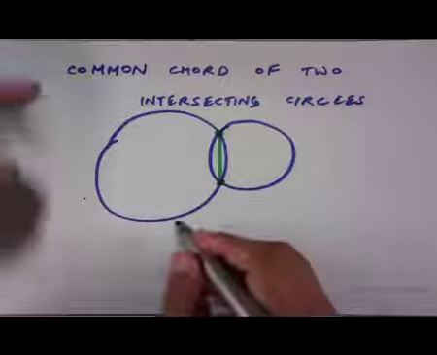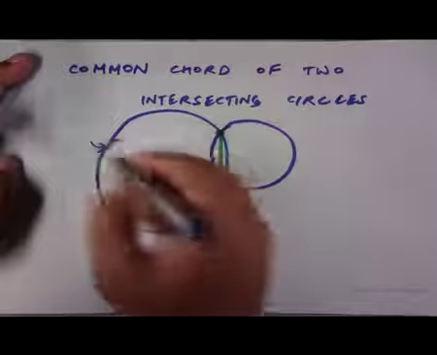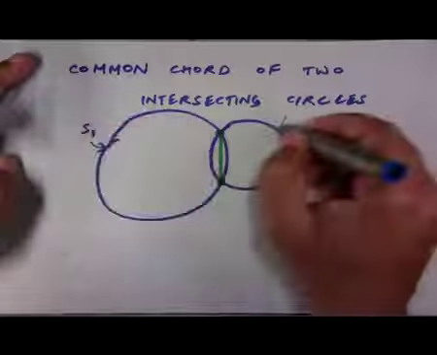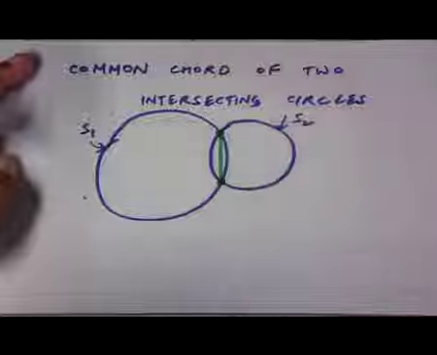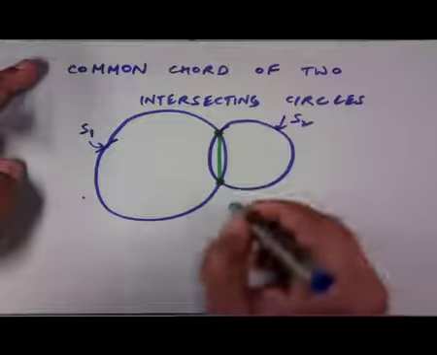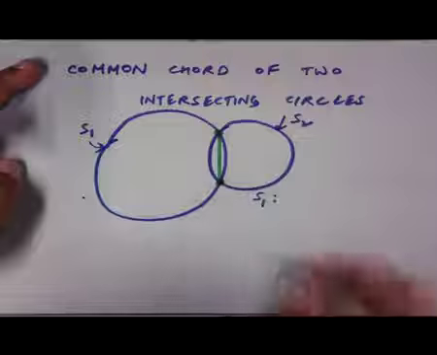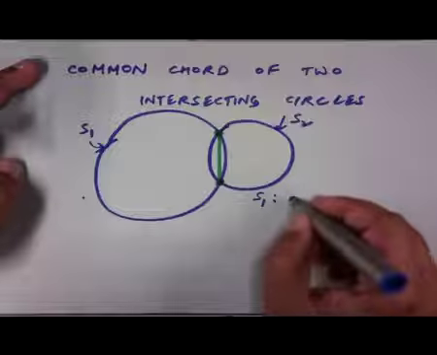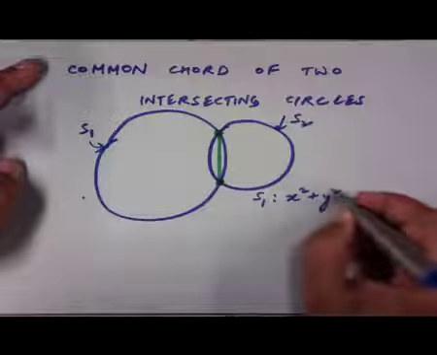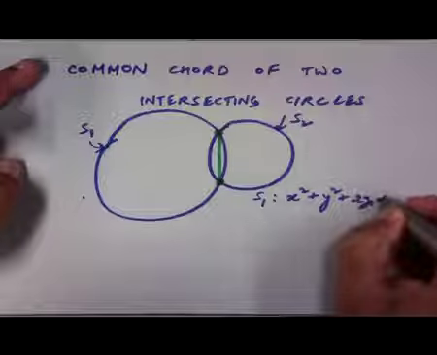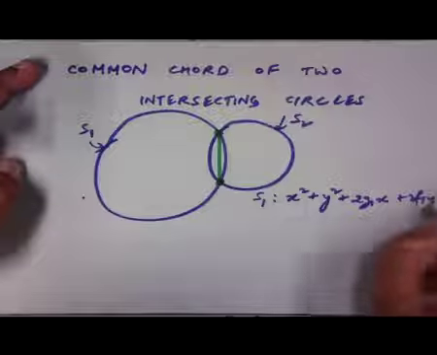Now, suppose that this is S1, this is S2. So, let us say the equations of the two circles are as follows.